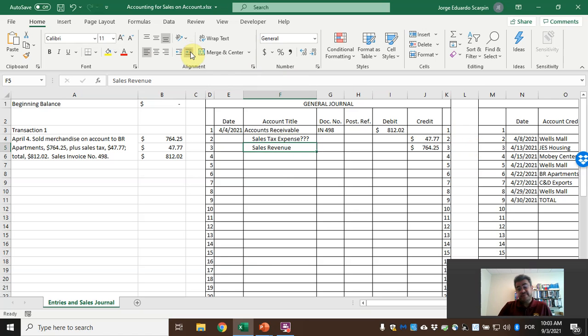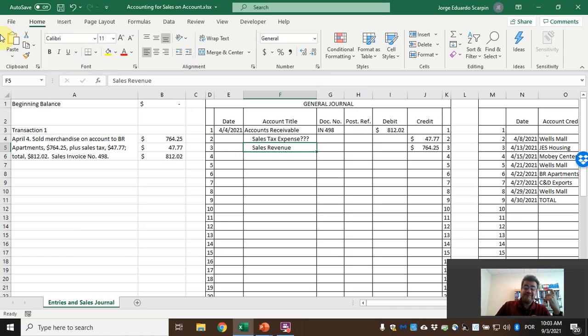Or not? First of all, we have some problems with sales tax expense. First, expense is a debit account. Remember, expense decreases our equity. Our equity is a credit account, is the source of our money. So if it decreases my equity, it must be a debit.